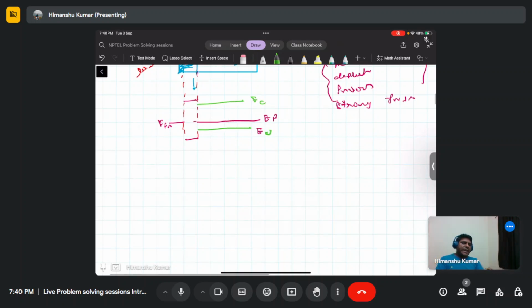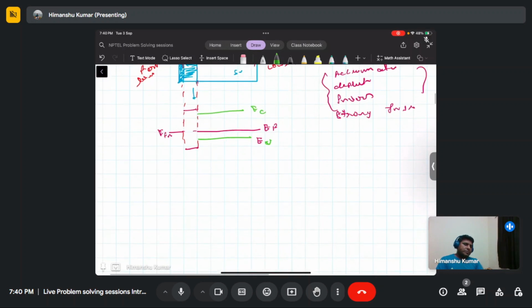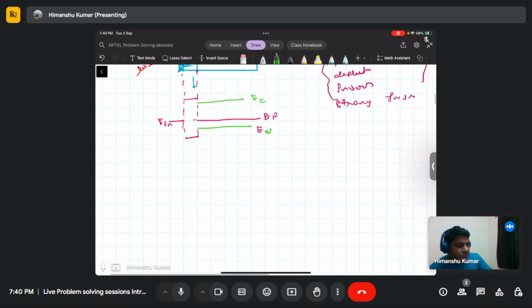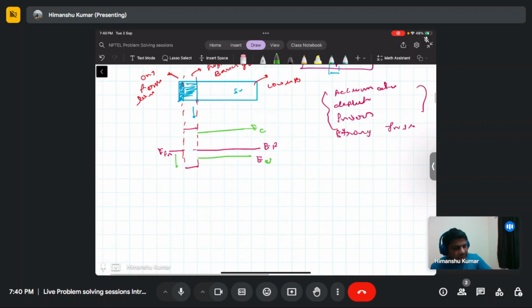Now if you apply a positive gate bias, the Fermi level goes down on this side. If you are applying a positive battery across this junction, the potential on the metal side will go down.